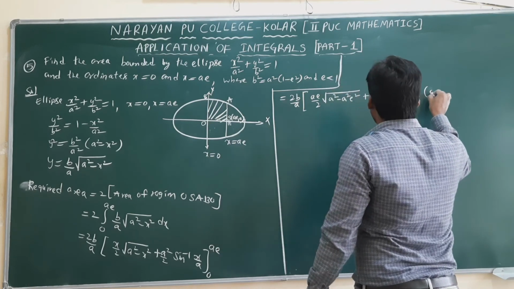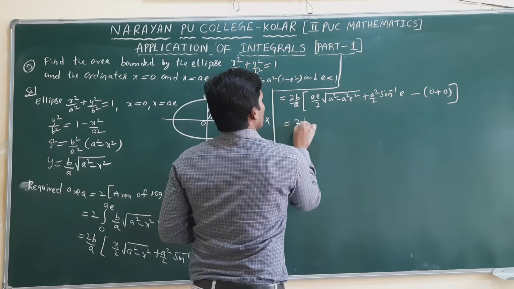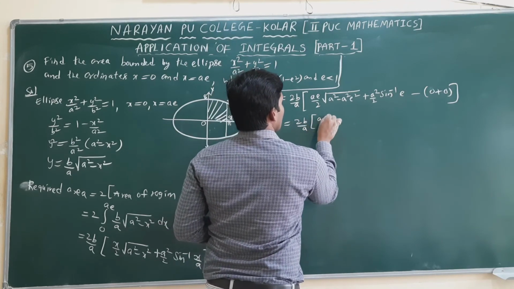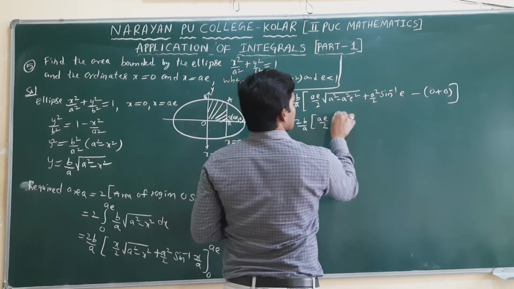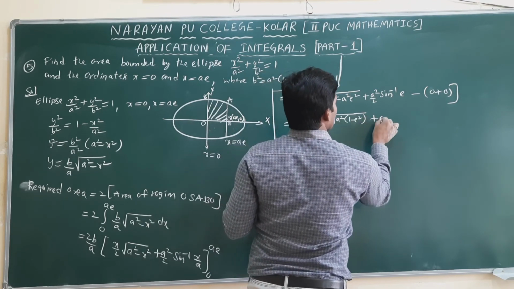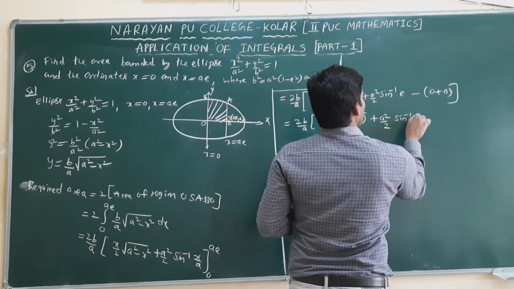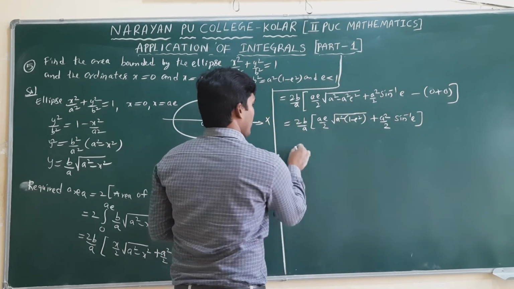For the lower limit both values become 0. So 2b by a, AE by 2, taking a square common, a square into 1 minus e square, plus a square by 2 into sin inverse of E.